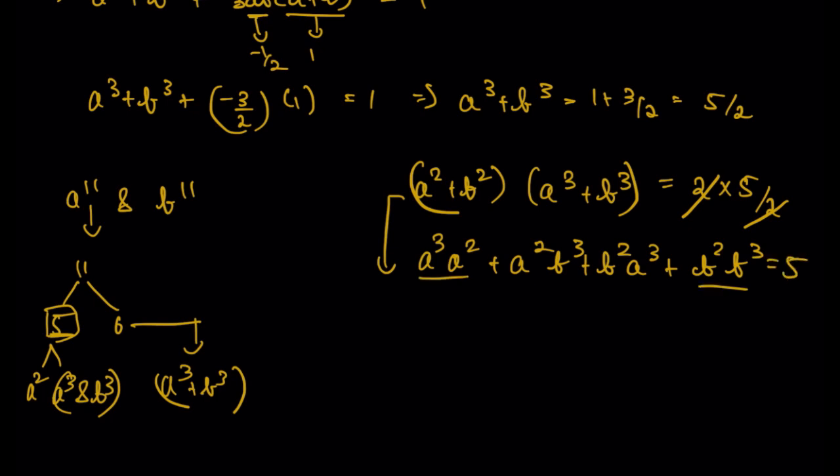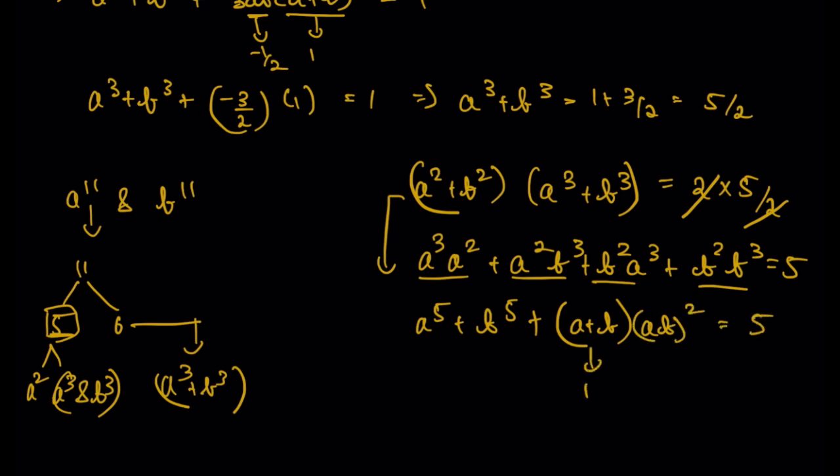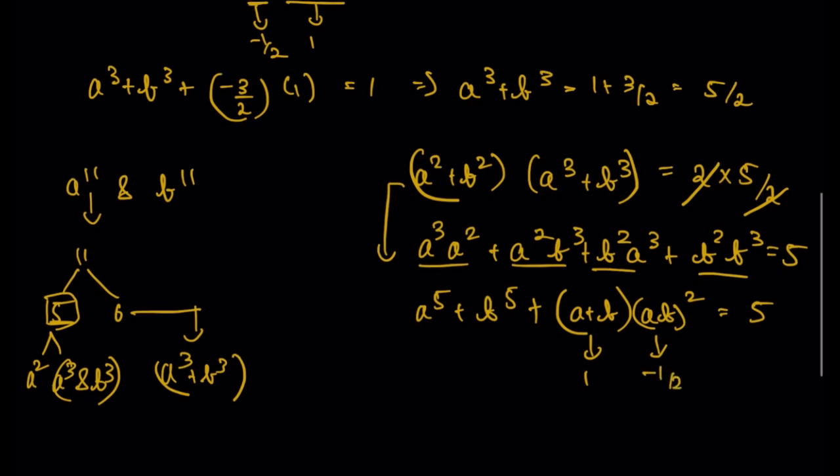This term here indicates a power 5 plus b power 5 plus. In these two terms, we could take a square b square common, or like we could take a plus b common. So if we take a plus b common, the remaining would be ab the whole square. Am I right? Equals 5. We know this value, it's 1. This one is minus 1 by 2. If we square it, it would be 1 by 4.